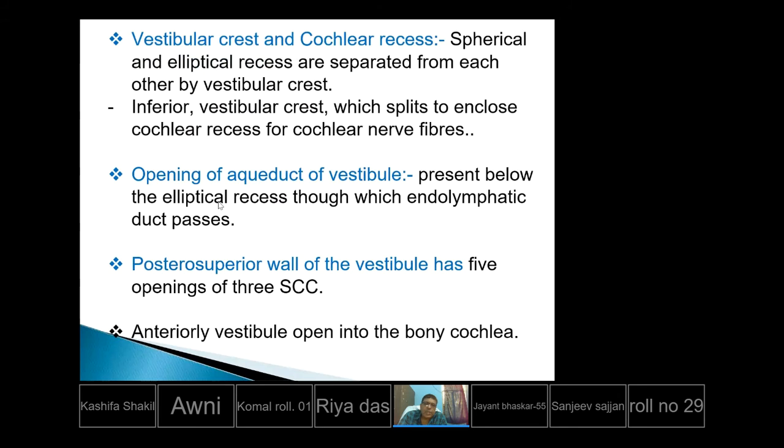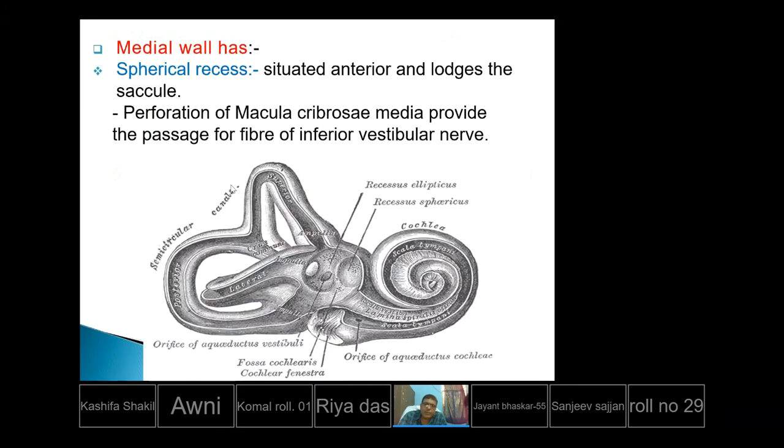Now, the vestibular crest and cochlear recess. In between the spherical and elliptical recess, there is a crest-like structure which bifurcates and surrounds the cochlear recess.